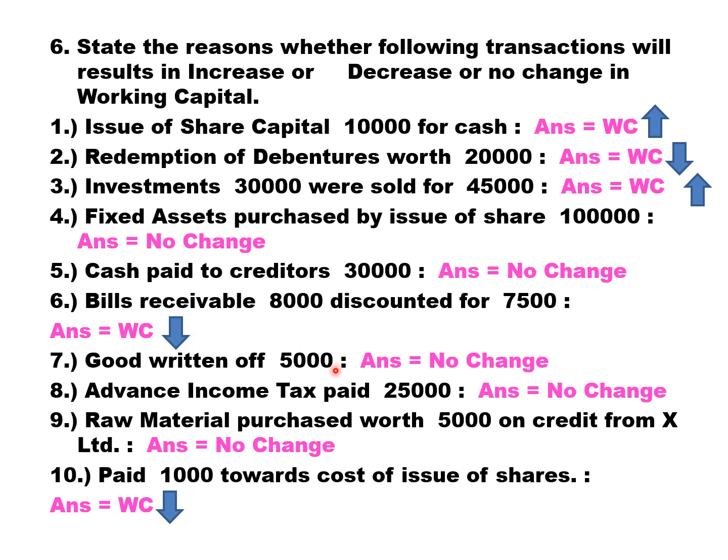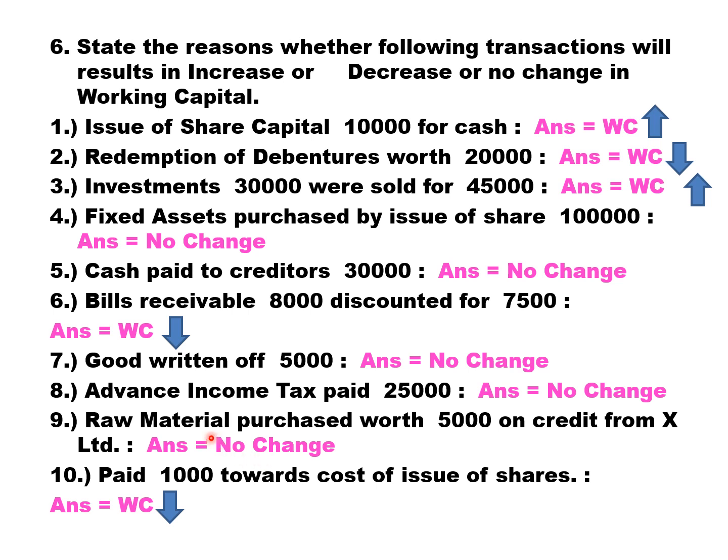Goodwill written off 5,000. So it's a transaction between goodwill account and PL account. Both are non-current, no change. Advance income tax paid. Advance income tax is a current asset. When you pay cash, cash is a current asset. So both are current, no change. Raw material purchased worth rupees 5,000 on credit from X Limited, no change.